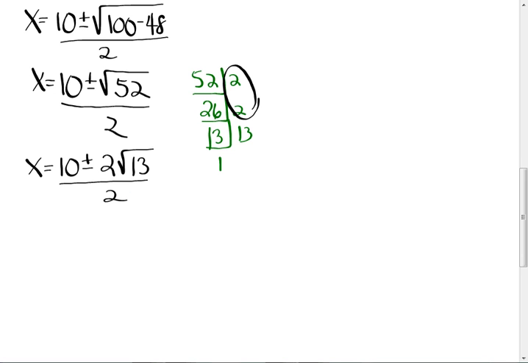You have to divide the 2 into this one and the 2 into that one. So x equals 5 plus or minus the square root of 13. I'm going to divide 2 into 10 and 2 into 2. D is equal to 52. Okay, Selah, you should have this written down. Put your iPad down.